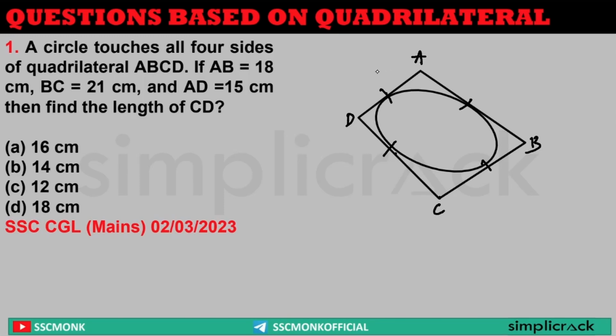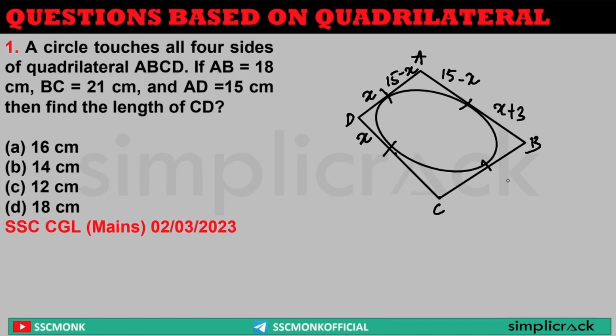Yes or no? Yes. Now it is saying AB is 18, BC is 21, AD is 15. Find the length of CD. So let's say AD is 15. So this is X. This is 15 minus X. So this will be X as well. Now if this is 15 minus X, AB total is 18. So this will be 18 minus (15 minus X), that is equal to X plus 3.